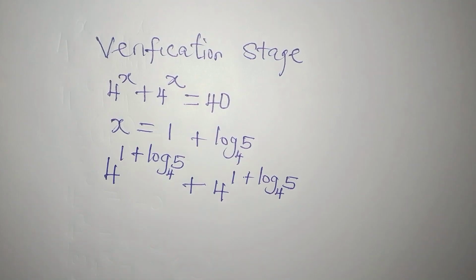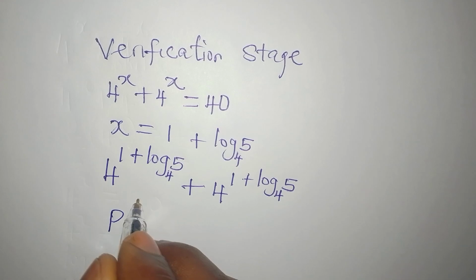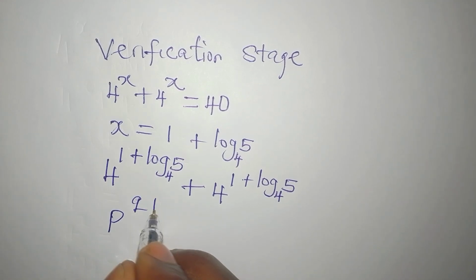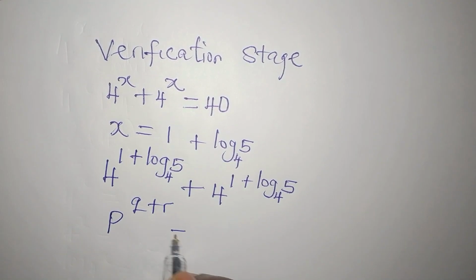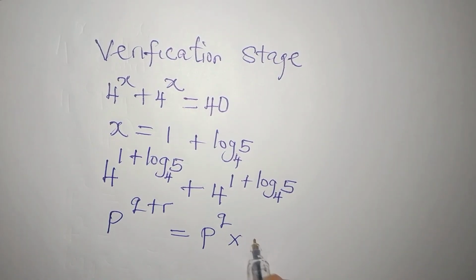Then another point to note is this. Imagine you have p to the power of q plus r. This can be written as p to the power of q multiplied by p to the power of r.